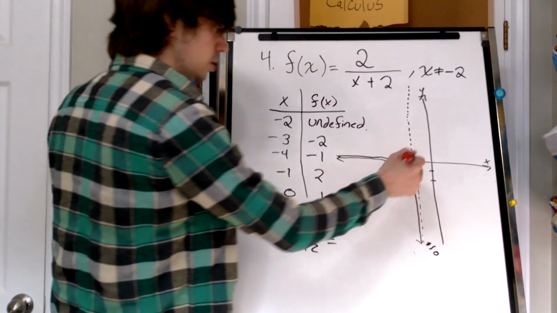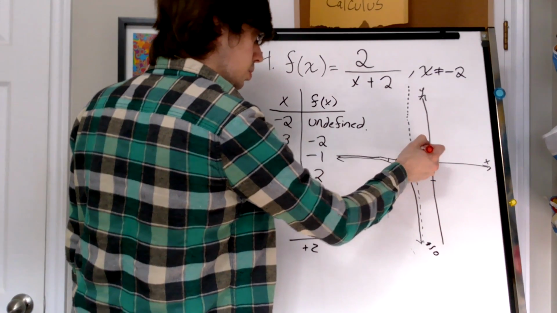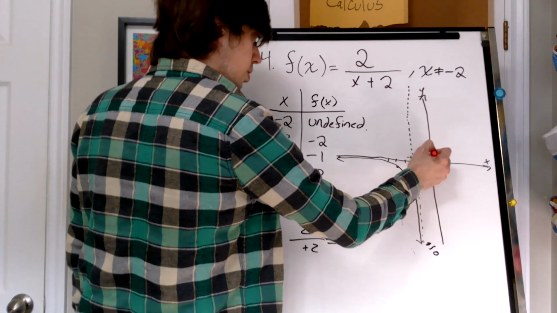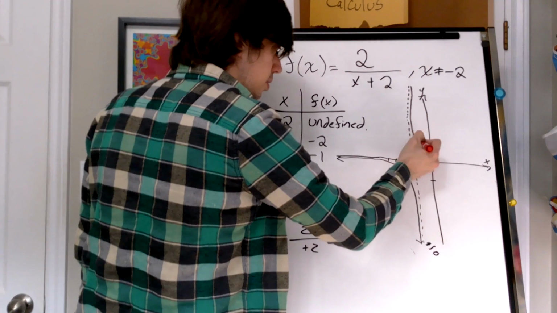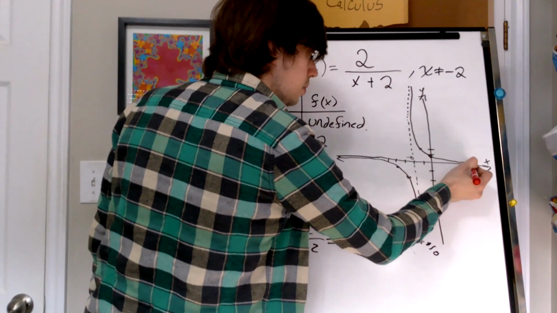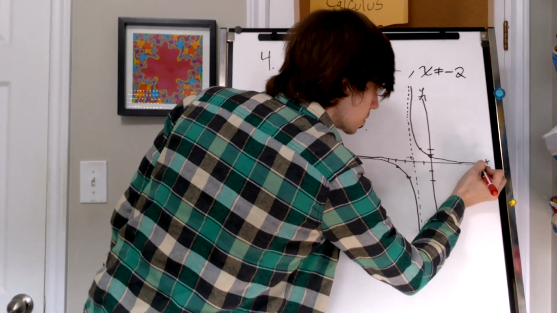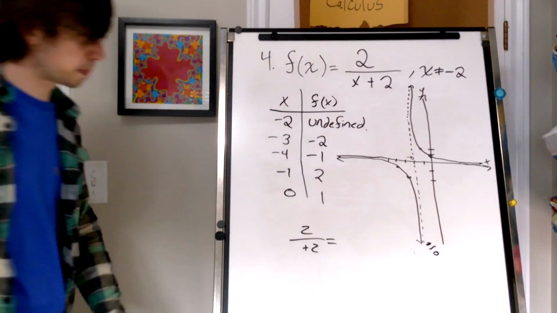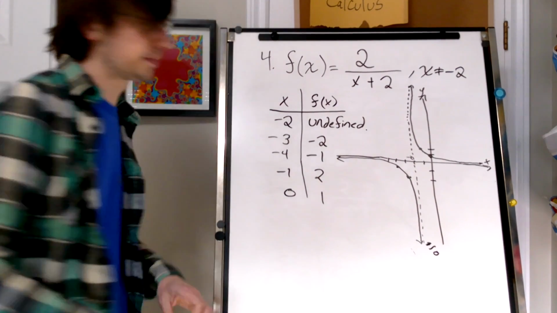At -1, we are at +2. At 0, we are at 1. So we're going in the other direction. Don't touch the line. All right. That, therefore, is our graph.